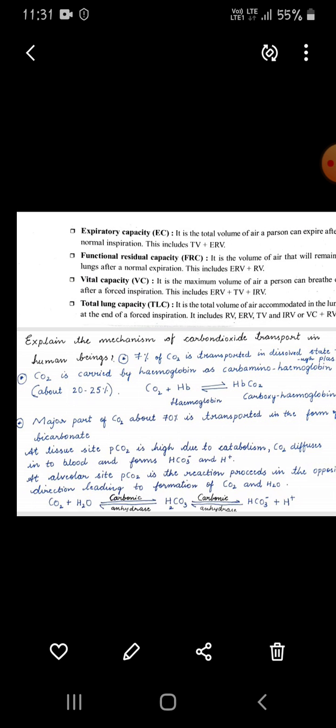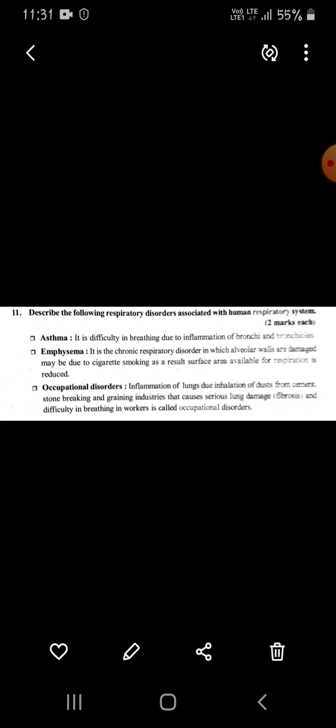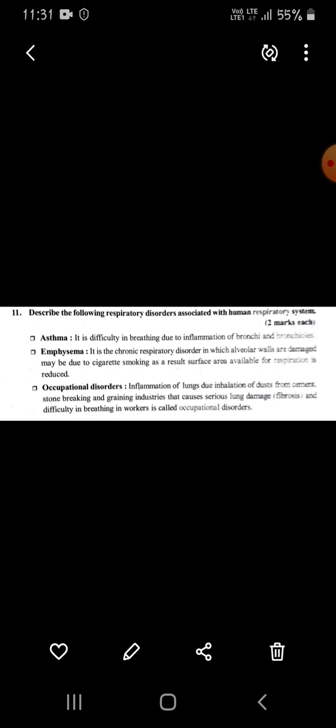When it returns, HCO3 minus plus H plus ions become H2CO3 again, and then CO2 and H2O. This is the mechanism of carbon dioxide transport in human beings. They may ask that for 2 or 3 marks, or it is like basic general knowledge if they do not ask.